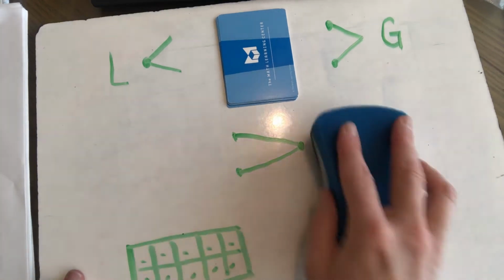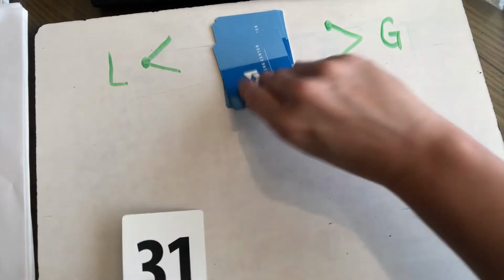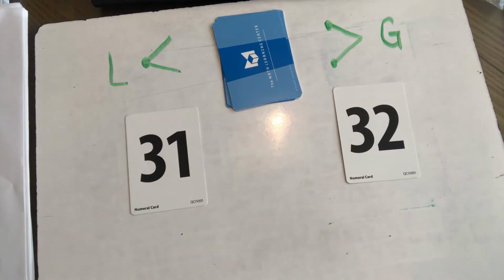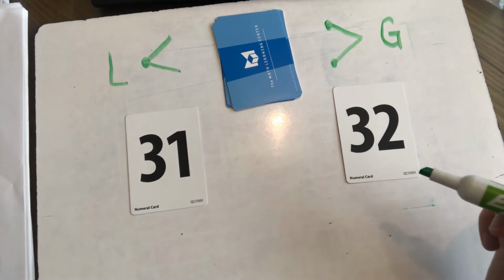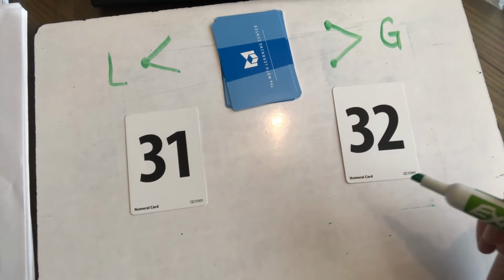Let's do some more. I'm going to leave those symbols up there for us. And let's draw 2 more cards. Oh, very close. We have 31 and 32. Now, I could draw 31 and 32 with our 10 frames, and I know that we've done that.